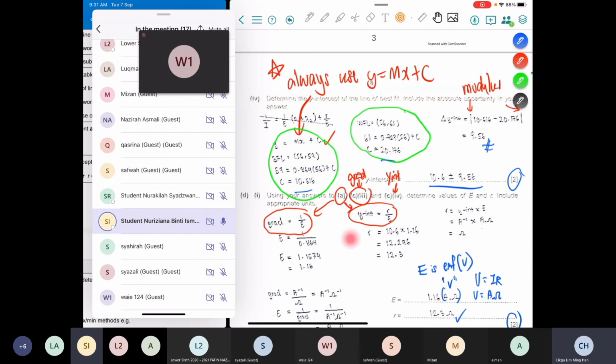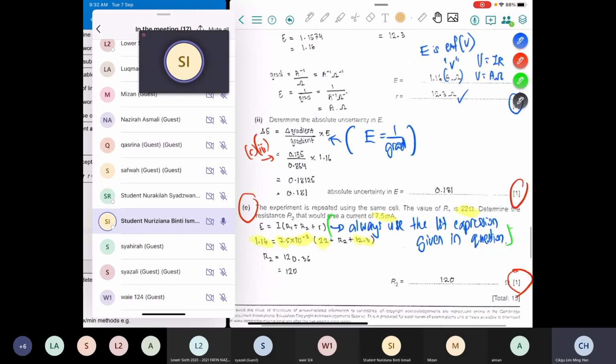D2. Is it always the same? The formula is absolute, gradient over gradient times E. Yes, it depends on this one. Because your E is from your answer in part A. This is your answer from part A. So you have to do the standard one.